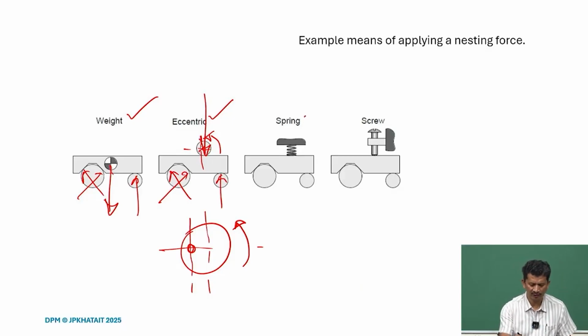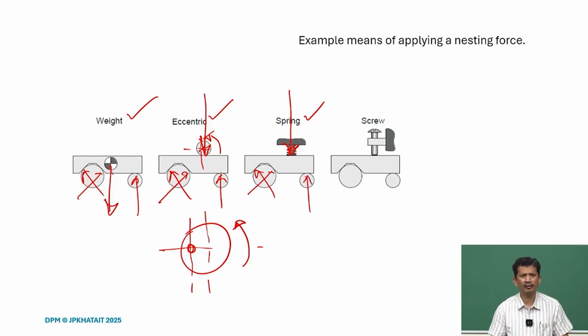Similarly, if we have a spring, we can use compliant members. Any kind of springs we can use, and we can press it, and we can get the nesting force, and again we can get all the contacts made. It is very important to understand that at the contacts we should always have a positive force acting there. Negative means there is no contact.